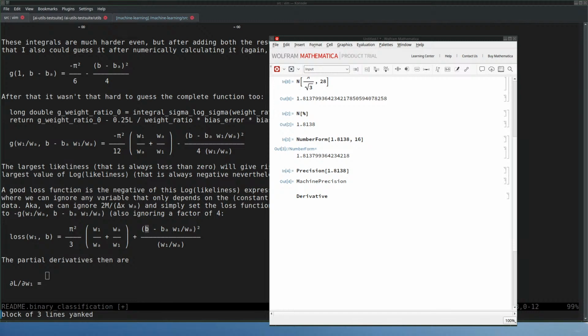The derivative of function. Oh, that has one argument. Very unclear as usual.